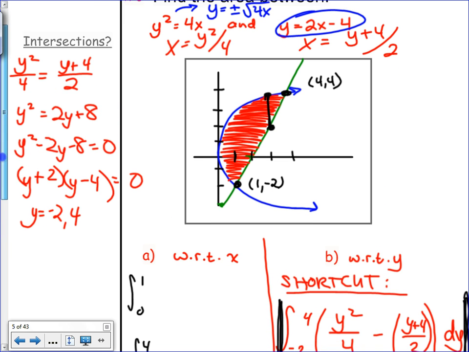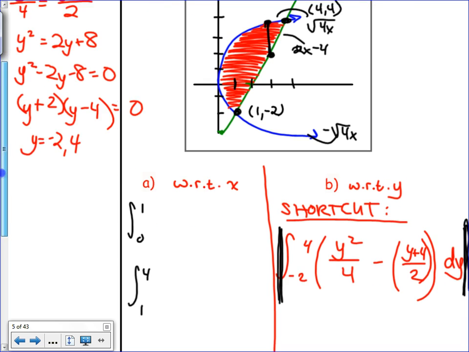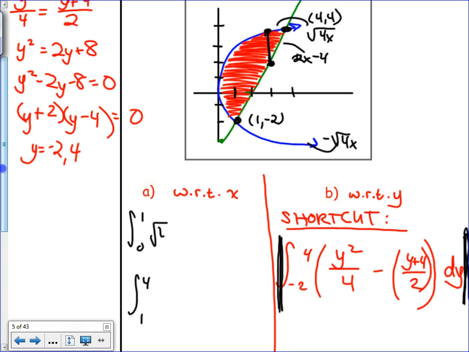Blue, would it be the positive or the negative square root? Positive. So I have the positive root of 4x, the negative root of 4x, and 2x minus 4. On top would be the positive root of 4x, on bottom would be 2x minus 4.